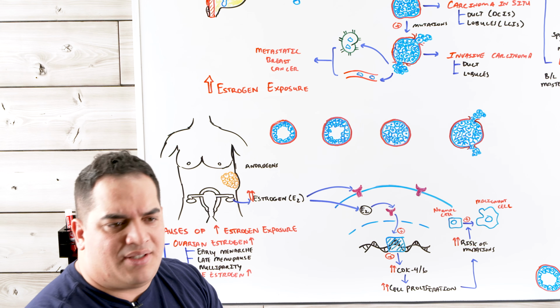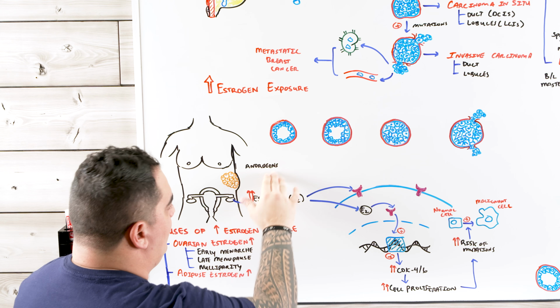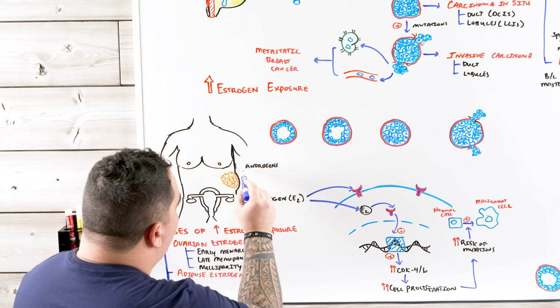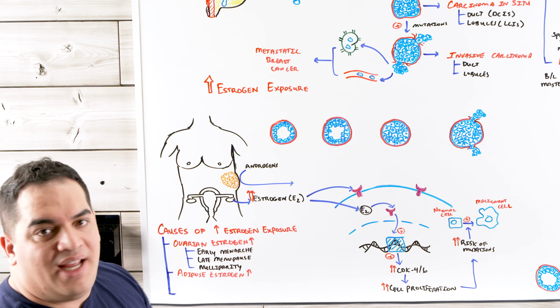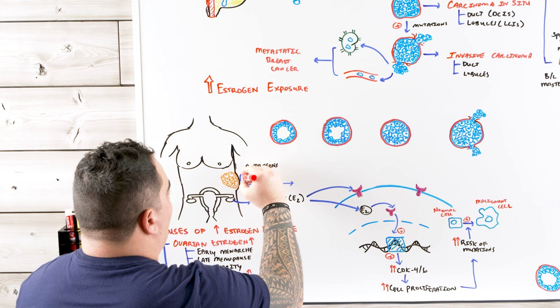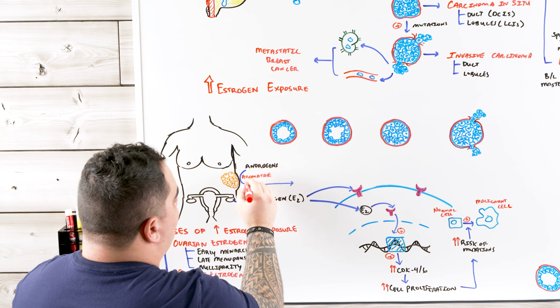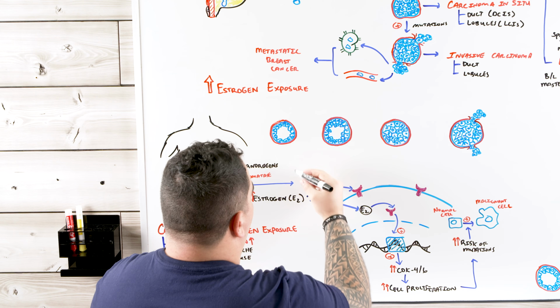So what happens is we can take these, and the fat tissue contains an enzyme called aromatase. And that enzyme stimulates the conversion of androgens into estrogen.